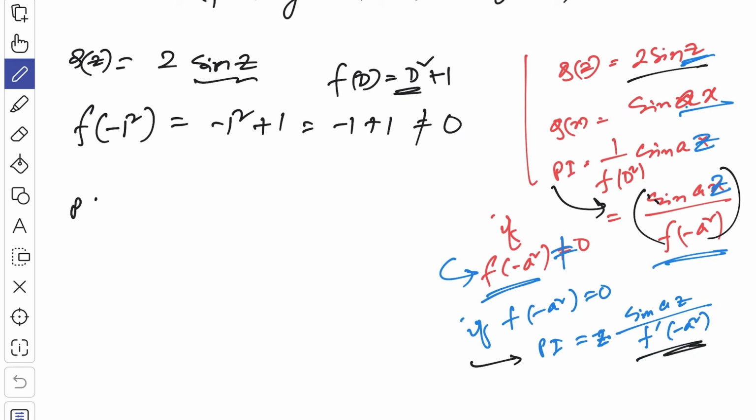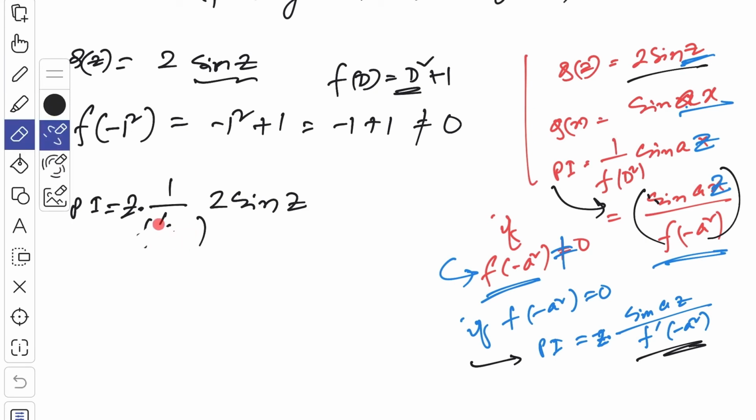So that is why PI should be 1 by f dash of minus 1 square, in this case 1 square. Then we need to take 2 sine z, our Q of x is 2 sine z, and also we need to multiply z here, so z into this, right?